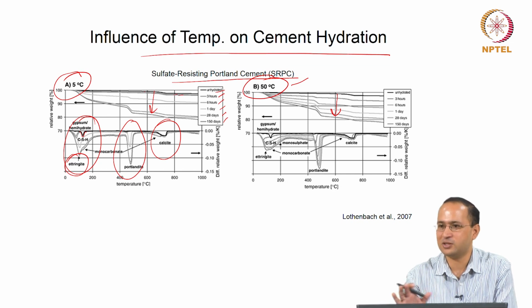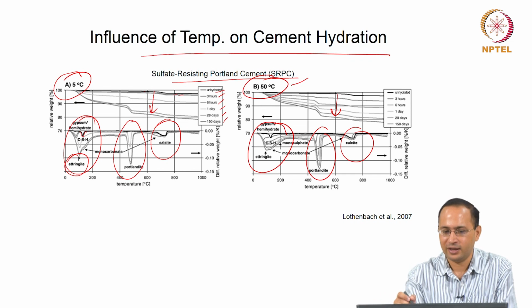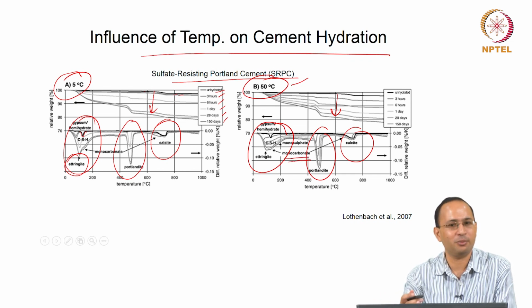DTG is nothing but the first order derivative of your TG curve. So, again similar regions can be identified, and depending on the composition, in this case you have a monocarbonate, maybe because they use a little bit of limestone in this case.